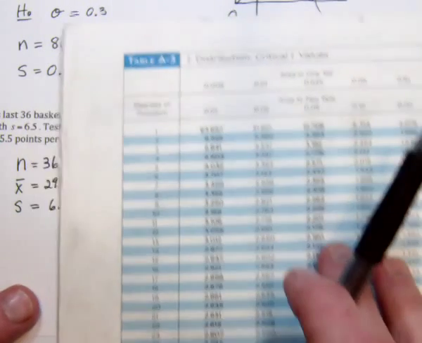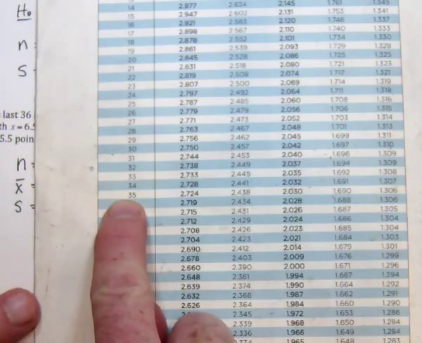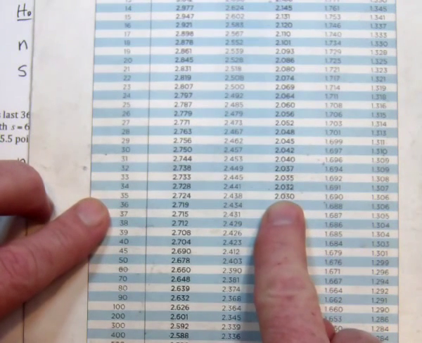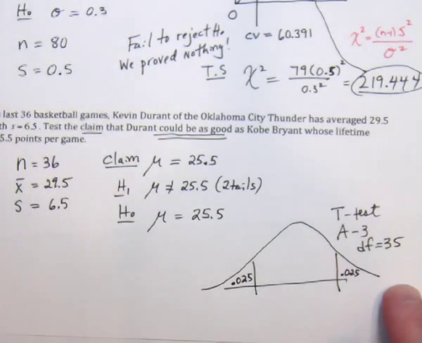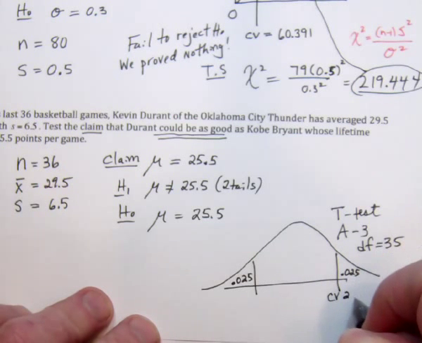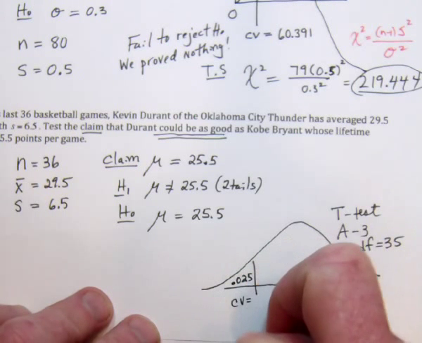And this was based on 36 basketball games, so degrees of freedom will be 35. And if we're using the middle column and 35, then the critical value is 2.030. On this side, it's negative.